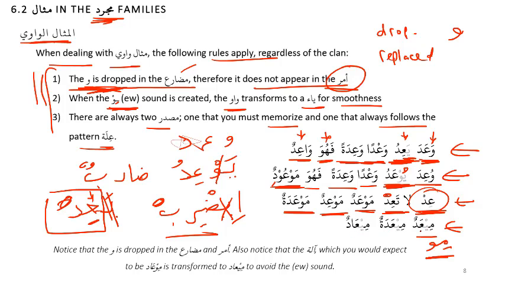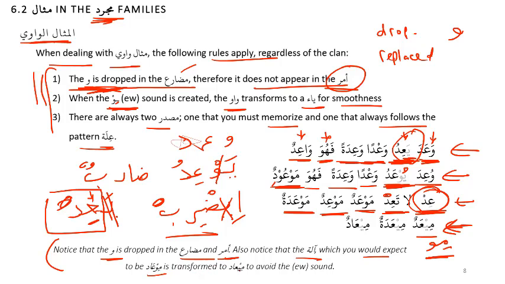So these would be the ismul ala forms. All right, and here is the point. Note that the waw is dropped in the mudare, that's happening here, and it's also dropped in the amr, that's happening here. Also notice the ismul ala, which you would expect to be mu'adan, which sounds terrible.